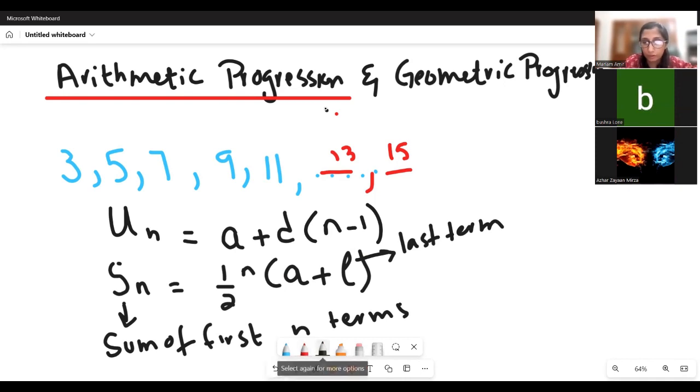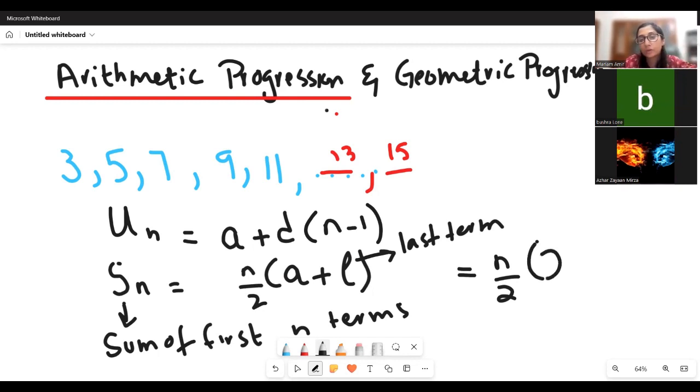When the last term is not given, you instead use this formula, half times n, or n over 2. Let's just write n over 2 instead of half times n. Over here, I'm also writing n over 2. So it's n over 2, bracket 2a plus d, bracket n minus 1.